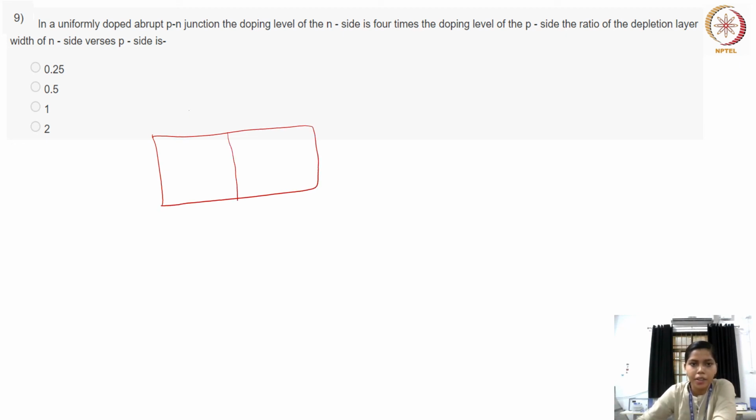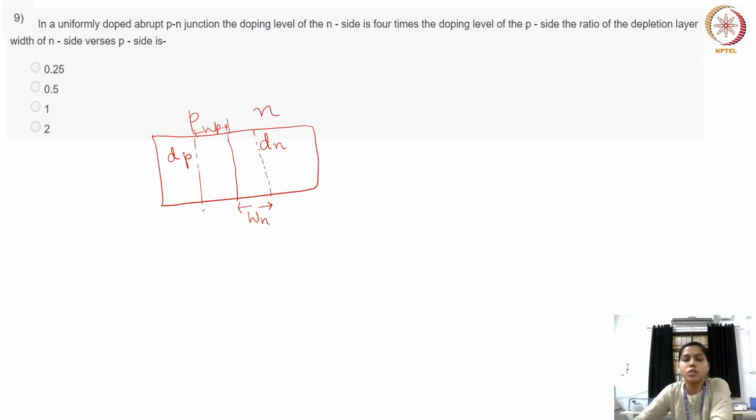This is my P, this is my N. I am writing the doping level at the P side as Dp and the doping concentration at the N side as Dn. Suppose this is the width of the depletion region on the n side, which I write as Wn, and the width of the depletion region on the p side is Wp.